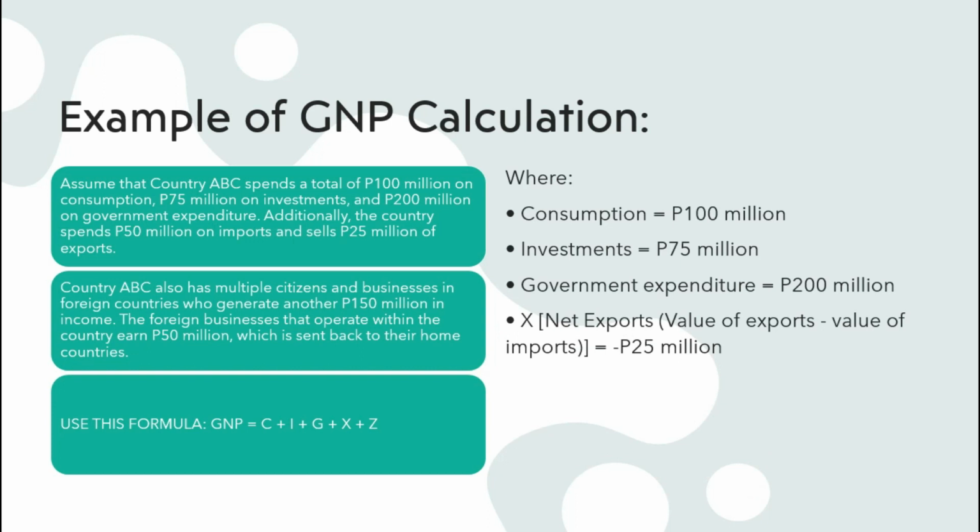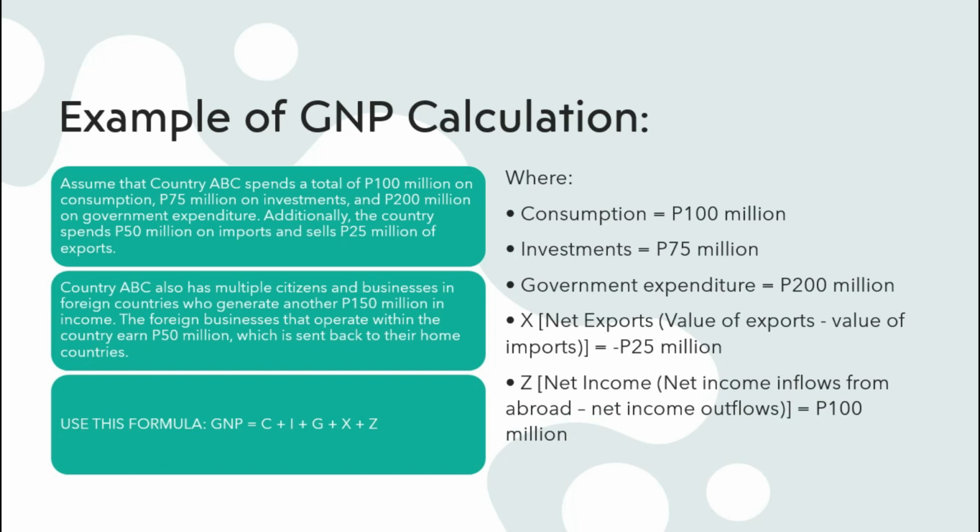And our net export, or the value of export minus the value of import, equals negative 25 million, because the export is 25 million minus the import of 50 million, so we get negative 25.